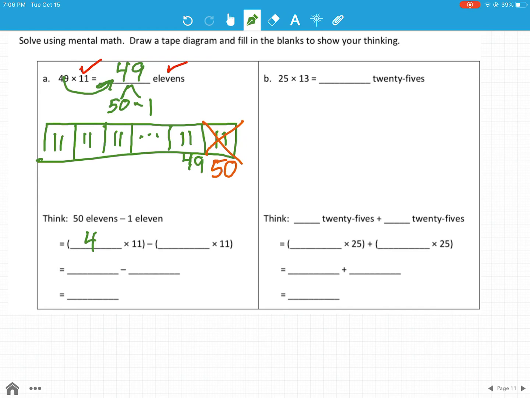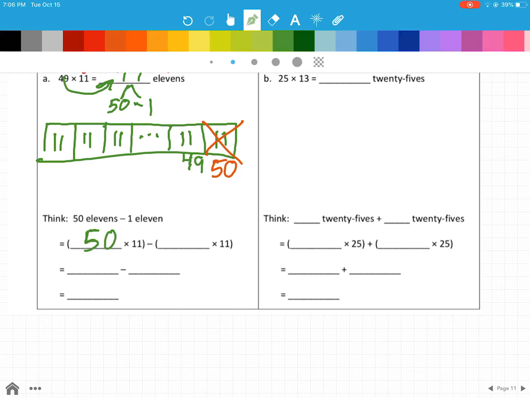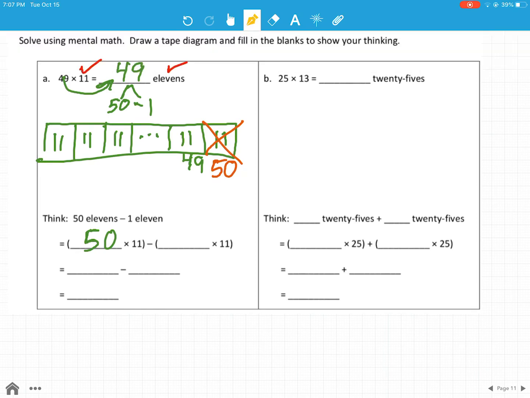I'm going to have the 50 11s, easy math, 50 11s, and then we're going to put 1 times 11, which is 11.